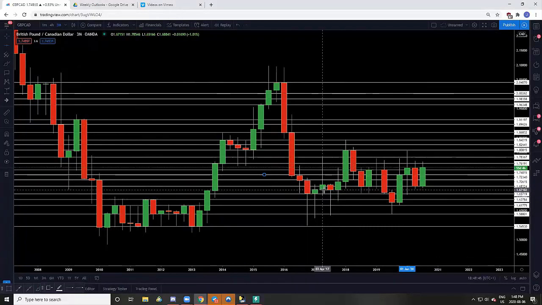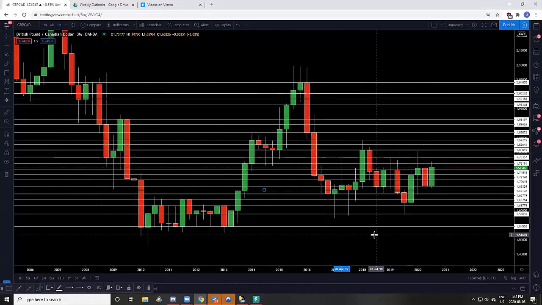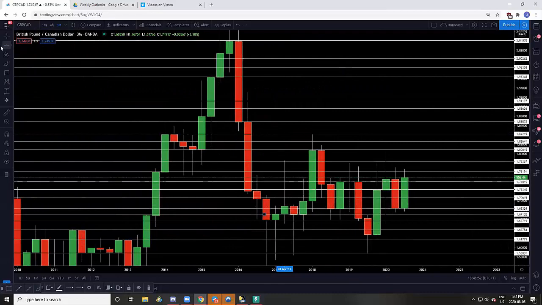A lot of these levels will be fairly similar to previous levels, but of course, that's the whole basis behind this concept.